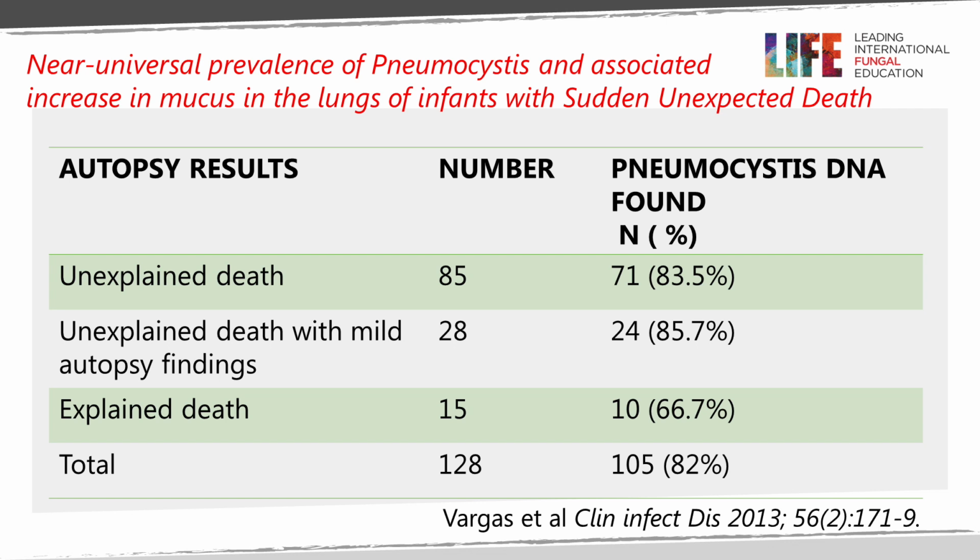Further studies looking into SIDS etiology are continuously being carried out to tease out the details. But from what we can see, pneumocystis DNA is being found in higher proportions in groups of infants who have sudden unexplained infant death.